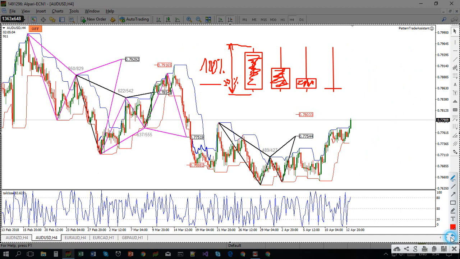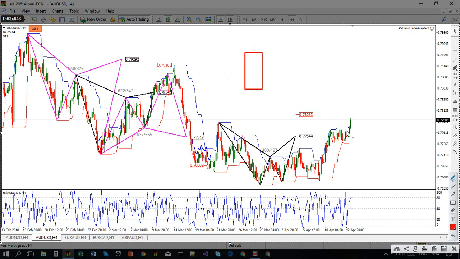Let me delete that stuff. Okay, it takes time, so be patient, please, guys. We had a bearish candle. It can be a powerful bearish candle or whatever.